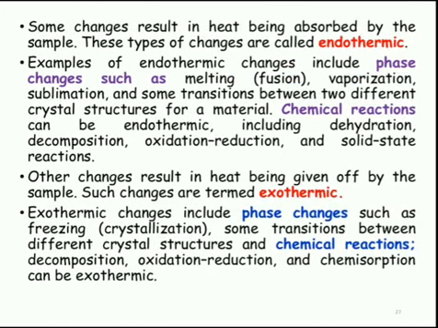Some changes result in heat being absorbed by the sample, as we already saw in the thermogram of DTA. These types of changes are called endothermic. For example, endothermic changes include phase changes such as melting, vaporization, sublimation, and some transitions between two different crystal structures of a material.